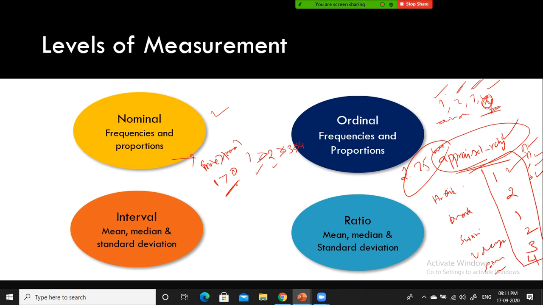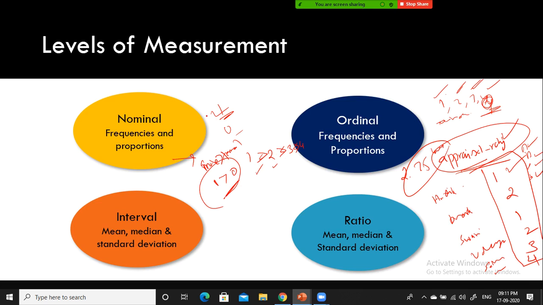When it comes to a nominal variable, there is no superiority or rank here. Simply I used 1 to classify which transactions are made by male and which by female. I just use 1 and 0, that's all. It's just a label. But when it comes to an ordinal type of variable, intrinsically it has some order in it. Here we can say 1 is superior to 2, 2 is superior to 3, and 3 is superior to 4, whereas in the case of nominal, we cannot tell.